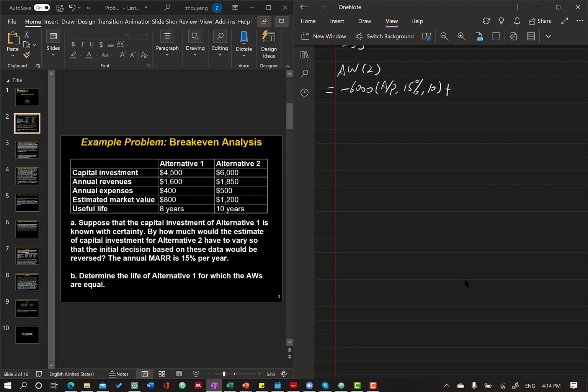And we have the annual revenue plus 1,850, and minus the annual expenses 500. Since it's already annual worth, we don't need to change anything. And then the market value, that's positive, and that's A given F, at the hurdle rate for 10 years.